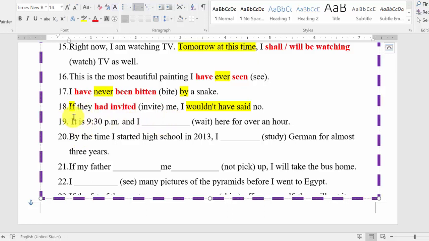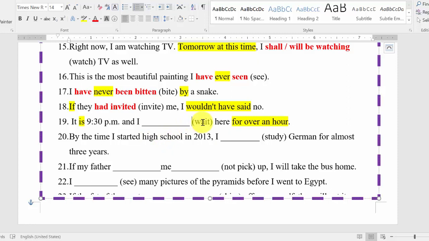Okay, 19. It is 9:30 p.m. and I what here for over an hour. Your keyword here is "it is", which shows that it is the present, and "for over an hour" gives a duration. A duration with a present time should be present perfect continuous tense.